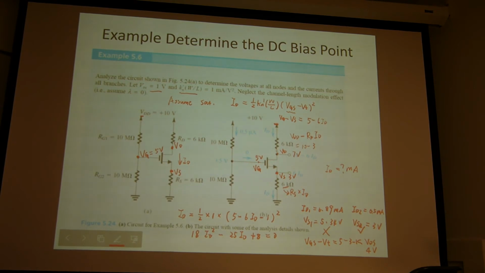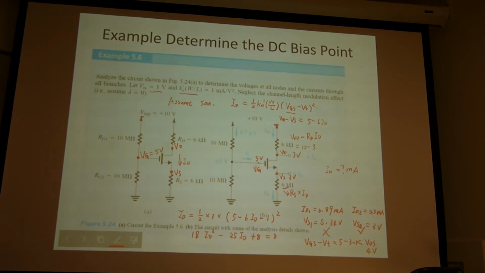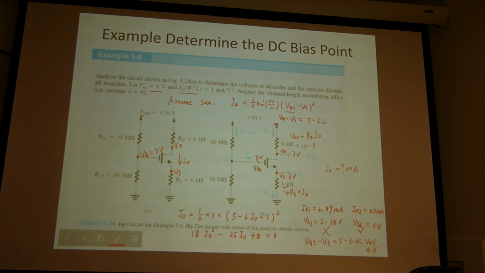Or in other words, if you start with your assumption of triode region, you use that equation and calculate, and you get some solution for your ID, and then you can back check, you will find out that that's invalid as well. So the circuit will only have one operation condition given the bias. So any questions here?